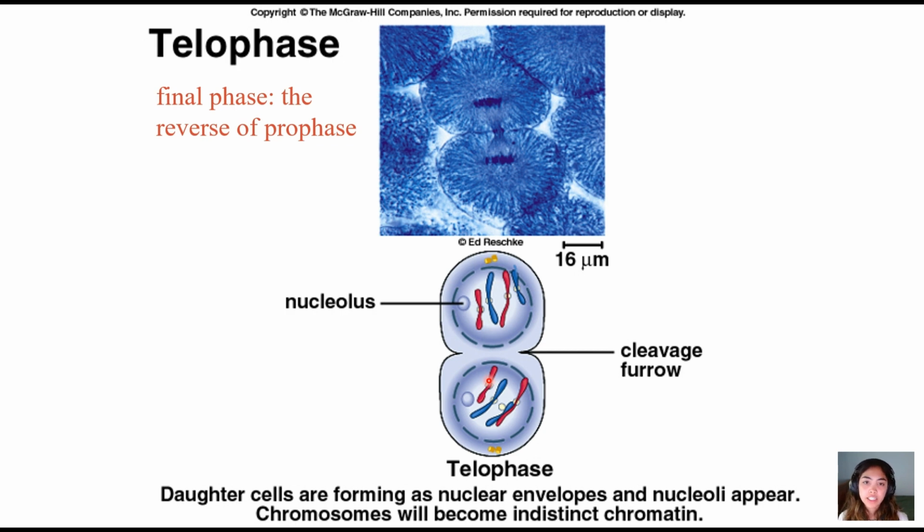So now that the genetic material has been replicated, our chromosomes will start to uncondense. They will begin to no longer be wrapped around those histones and will no longer be visible. Don't forget, in prophase, we said that the spindle apparatus began to develop. Well, now it's actually being broken down.